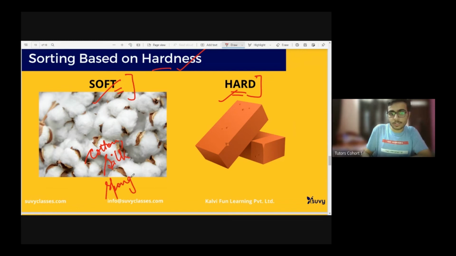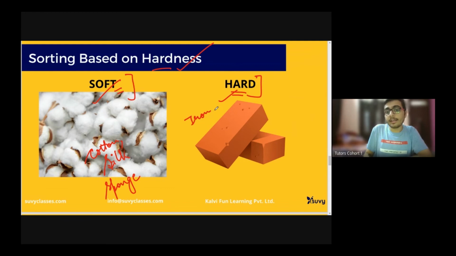Hard are brick, iron, and plastic can be hard, it's not soft. Wood is hard. Very good. You can definitely answer me in the chat. Okay, so now we shall move ahead.